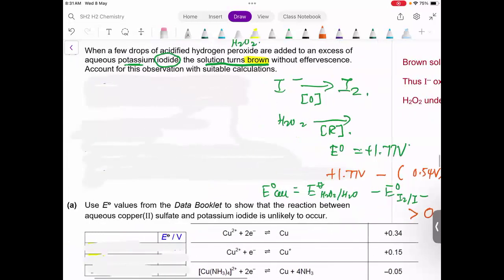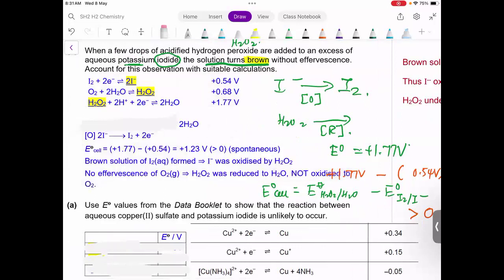From here, you should expect that because hydrogen peroxide is undergoing reduction, there's no effervescence. You also need to account for this. Why is there no effervescence? That is because hydrogen peroxide is undergoing reduction, not oxidation.